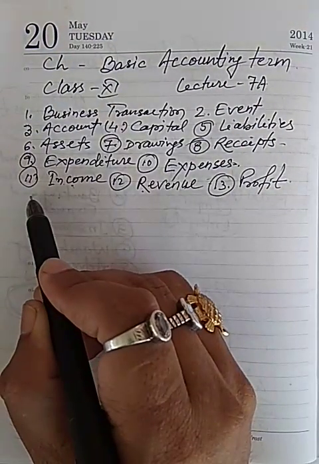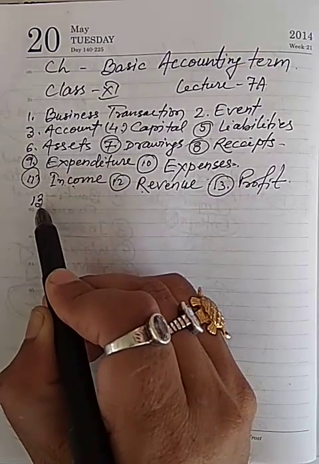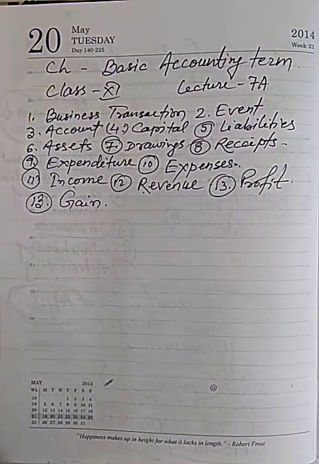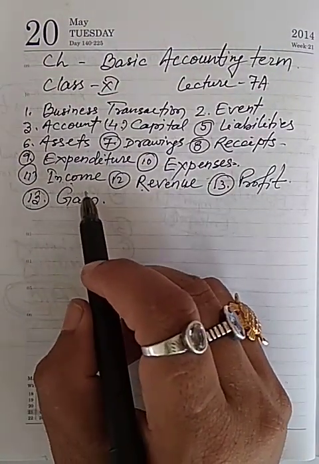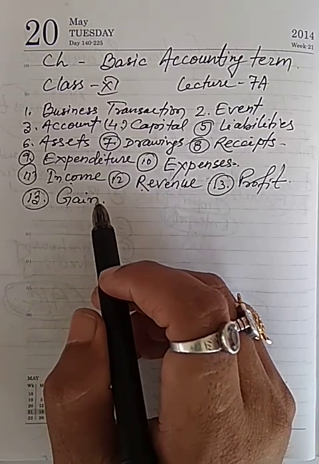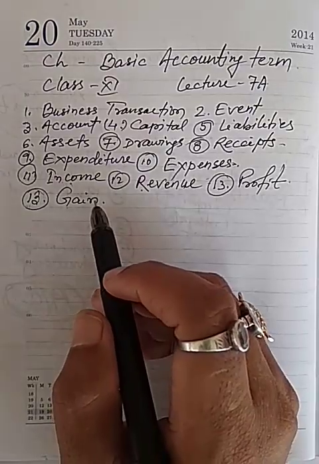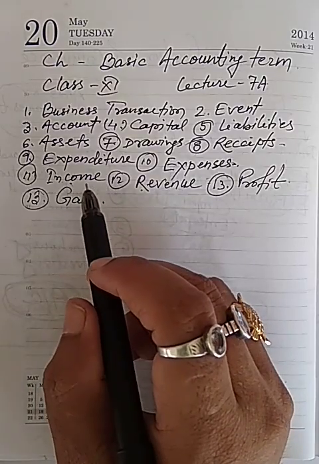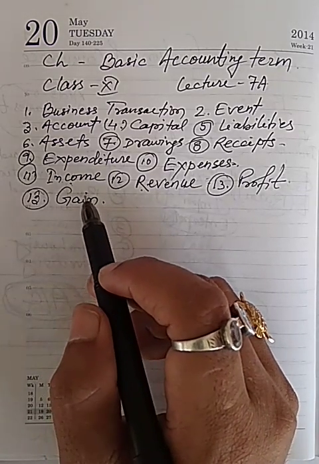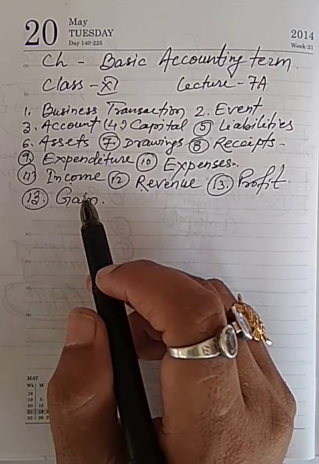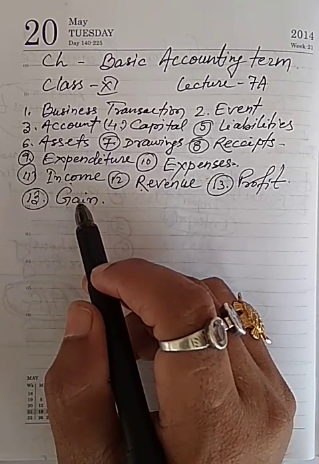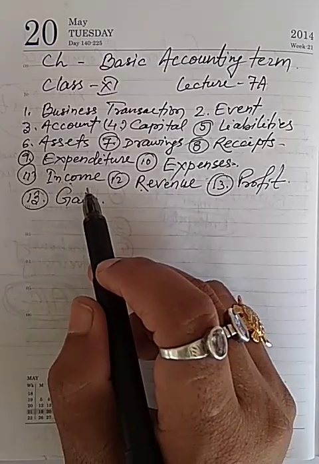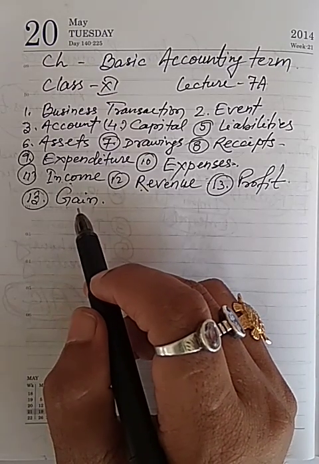Now, profit is different from gain. Gain is monetary benefit or profit or advantage resulting from events or transactions which are incidental to business, such as sale of fixed asset, winning a court case, or appreciation in the value of an asset.